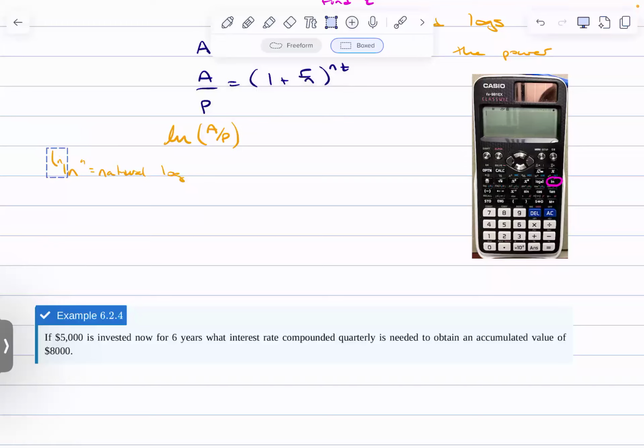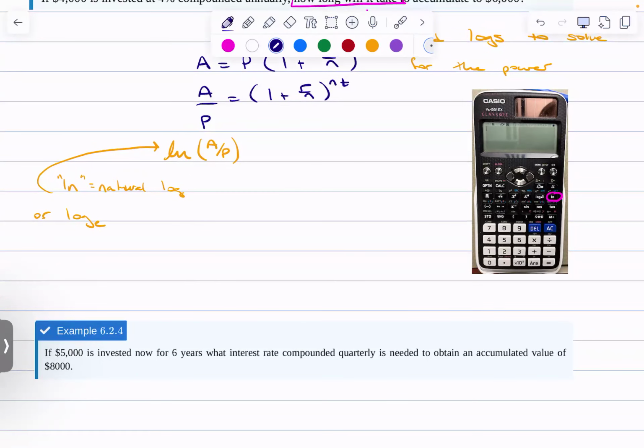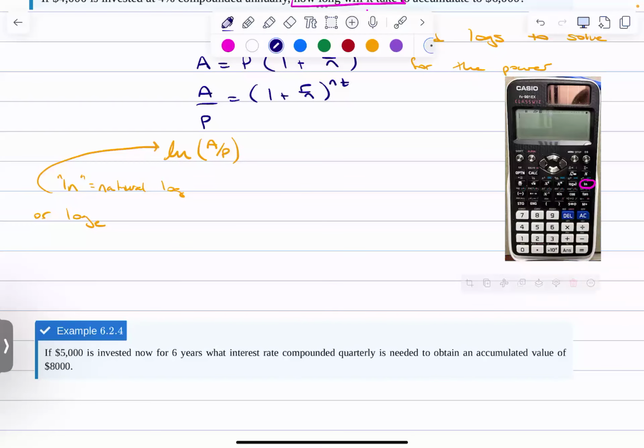I'll delete this and I'll just move my little arrow. The natural log or log base E. Not something that I'm expecting of you, but you do need to be able to use the LN button on your calculator. Right, that's as far as we'll take it.